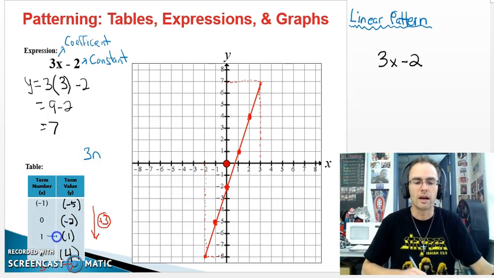Well, what else do I have to do to get back down to 1? If I have 3 times 1, which is 3, in order to get down to 1, I would have to subtract 2. And that's all you would have to do, subtract 2.